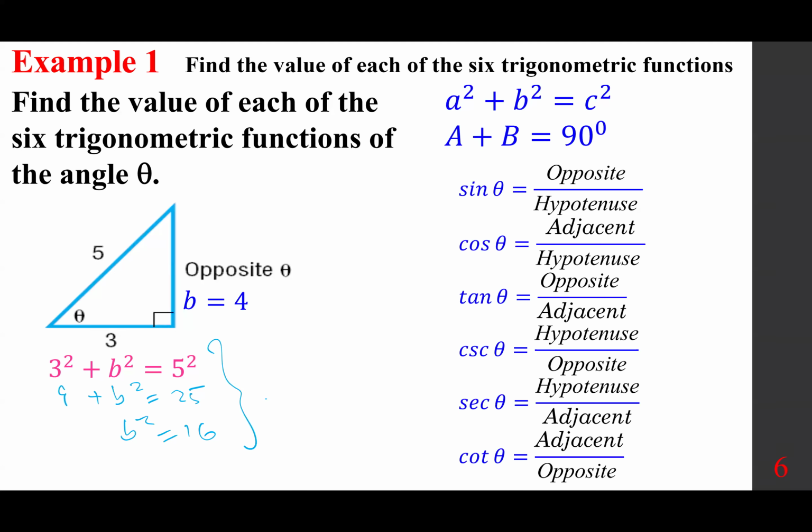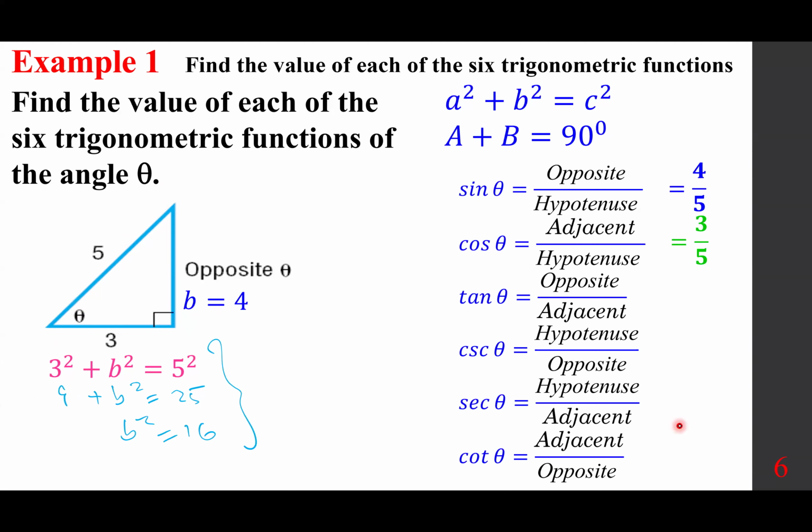So if B is 4, sine theta is the opposite, this is theta, the opposite, which is B, over the hypotenuse, which is 5, so 4 over 5. Cosine theta is the adjacent, which is 3 over 5.